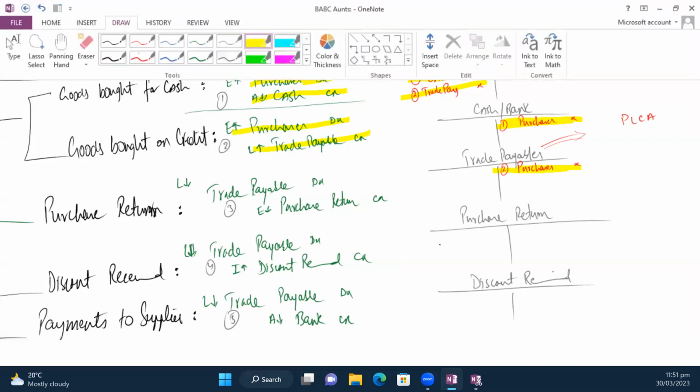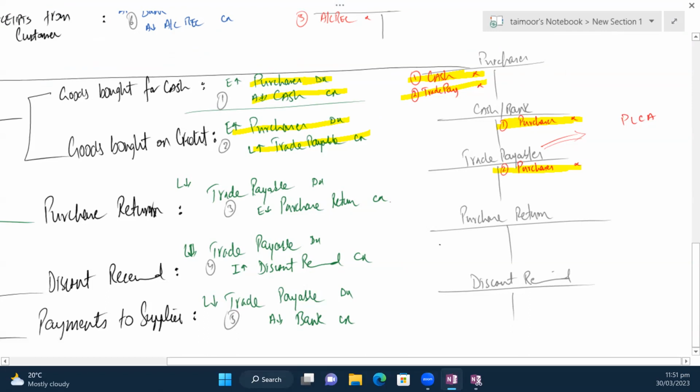Okay. Third is trade payable debit, purchase return credit. So trade payable account debit because of purchase return and purchase return credit because of trade payable. Fourth is trade payable debit, discount received credit.